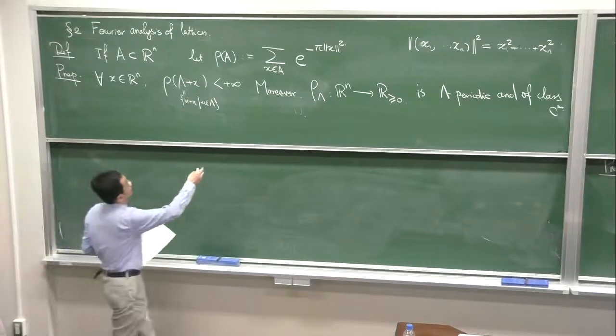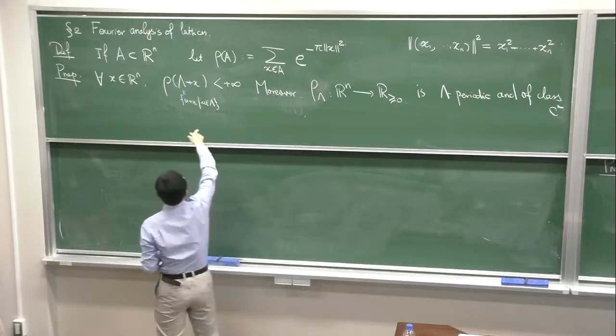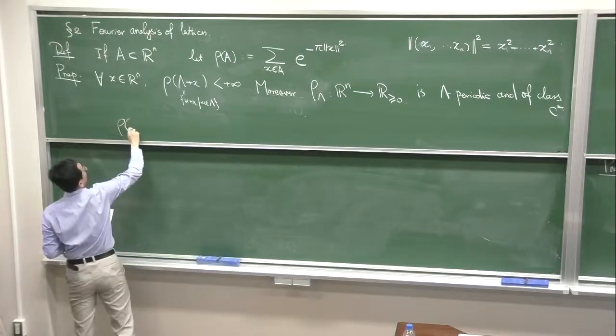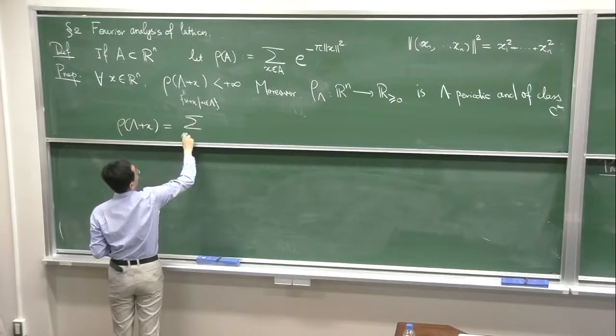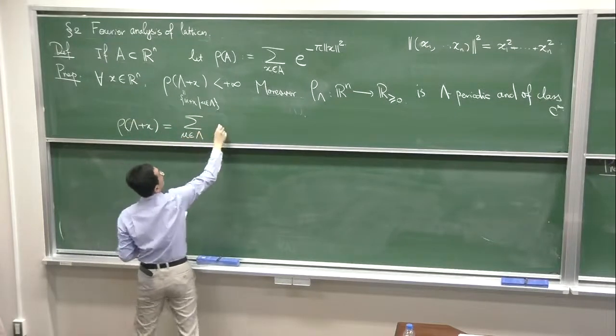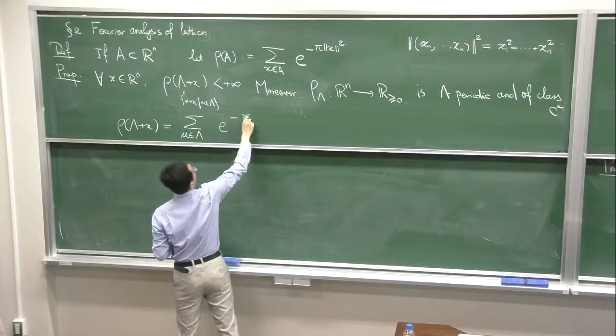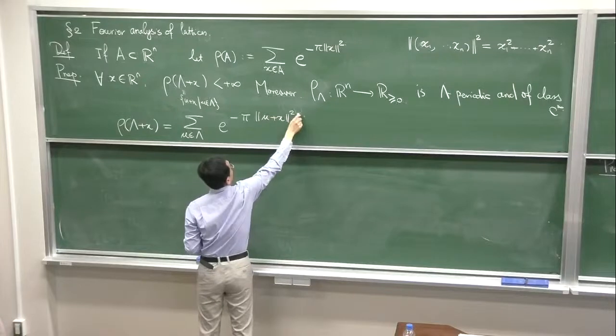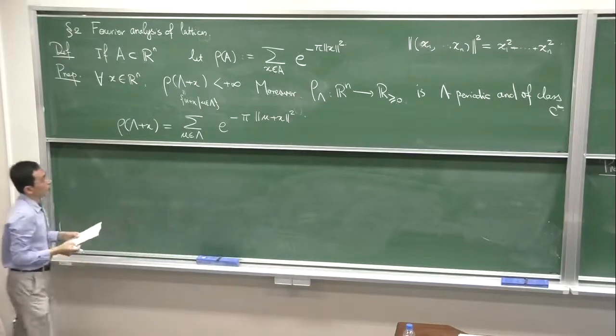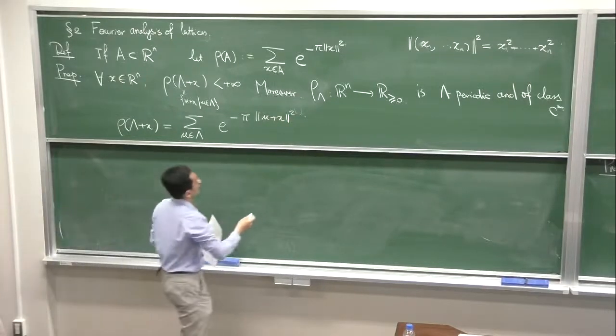So here you need to make a sum. You can write this function, rho of lambda plus x, as a sum over a point u in lambda of exponential minus pi norm of u plus x squared.